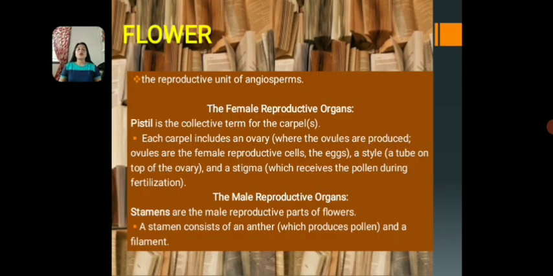So let's start with the flower. It is the reproductive unit of angiosperms. A flower has two reproductive organs, the female and the male. The female reproductive organ has a pistil, the collective term for the carpels. Each carpel includes an ovary where the ovules are produced.